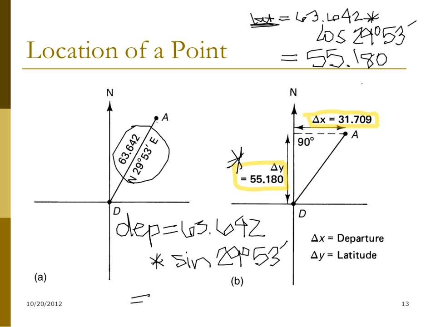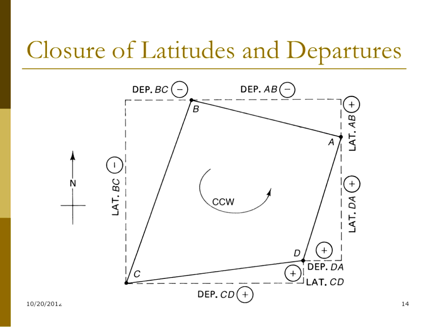And if you punch that into your calculator, that should give you 31.709. Okay? Latitudes and departures.